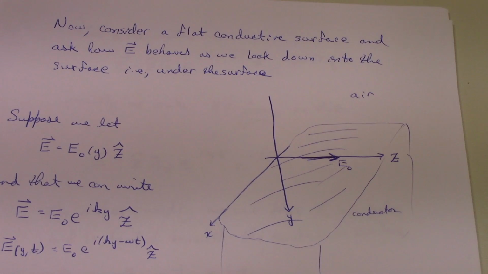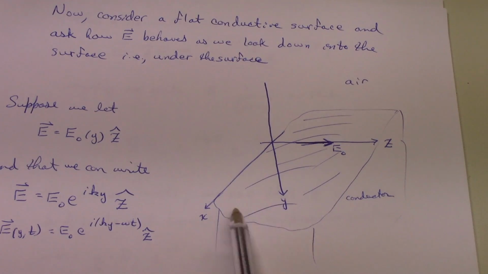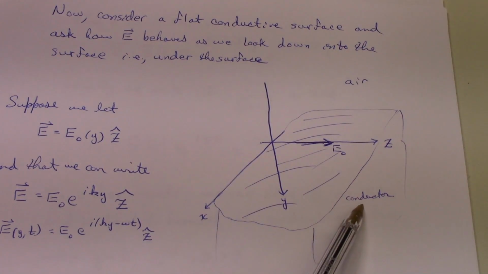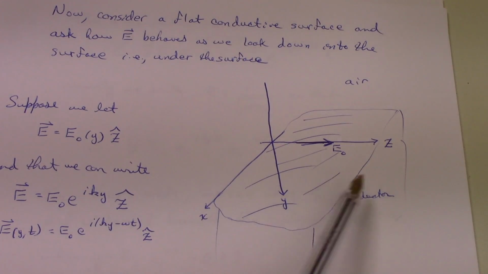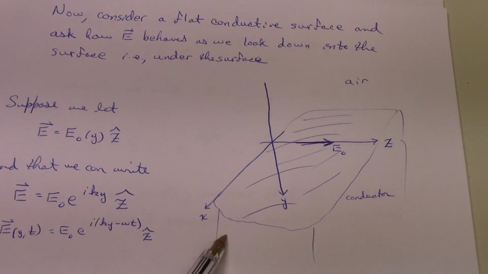We're going to consider a flat conductive surface, a semi-infinite surface, and ask how the E field behaves as we burrow down into the surface, in other words, under the surface. So think of a slab of metal. This would be the top face. Up here is air, and the metal goes down in this direction and in this direction and then back into the page and out of the page.